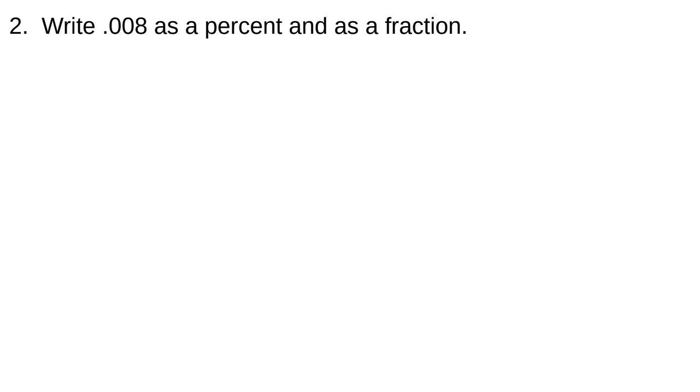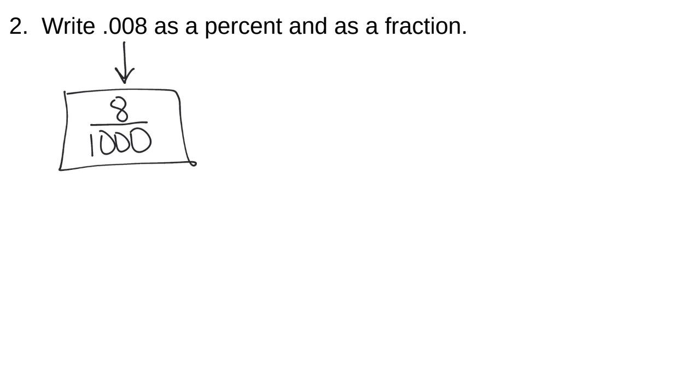Let's take a look at example 2. We are asked to write 0.008 as a percent and as a fraction. It's currently a decimal. One way that we could change this is from this format, just reading it correctly. So remember, this is the tenths spot, this is the hundredths spot, and this third place value where that 8 is is called the thousandths place value.